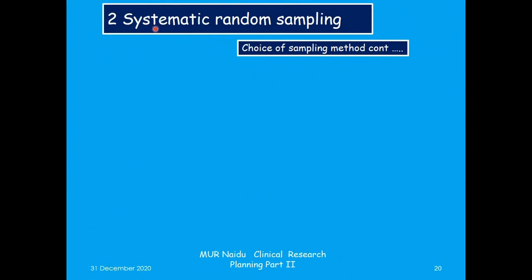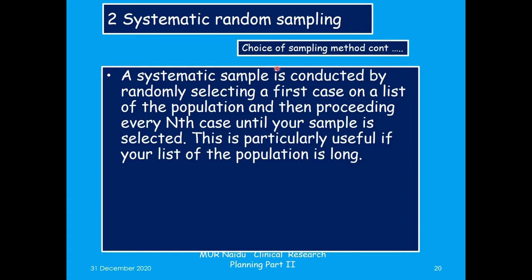Second is systematic random sampling. A systematic sample is conducted by randomly selecting a first case on a list of the population and then proceeding to every nth case until your sample is selected. This is particularly useful if your list of the population is very, very long.